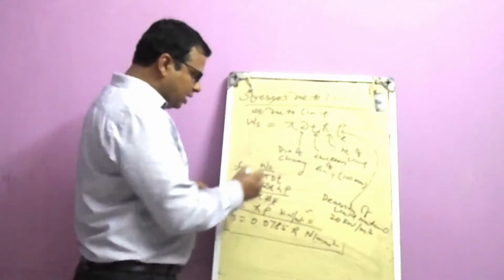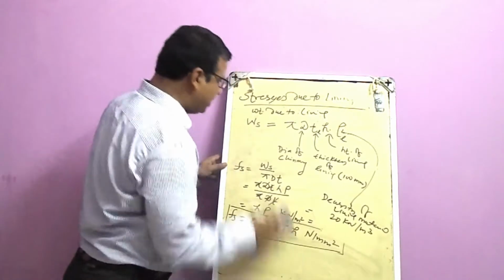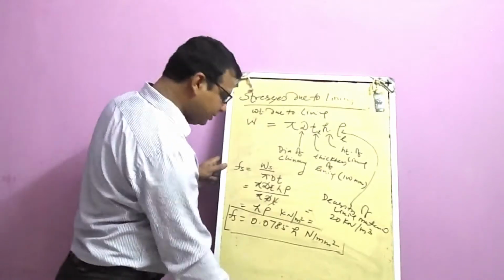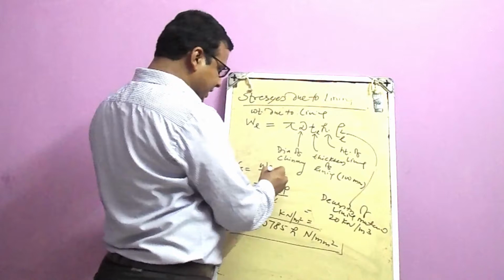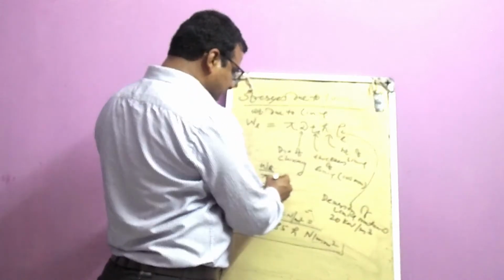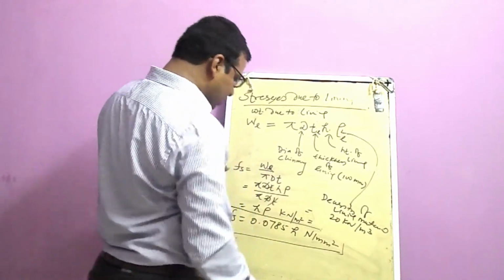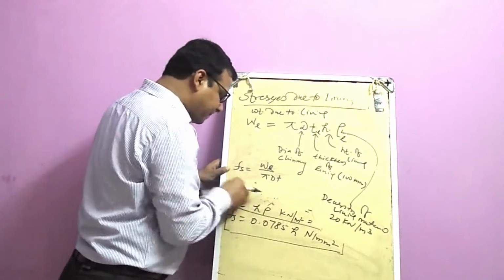So this will be the WL, and we divide by pi d into t.